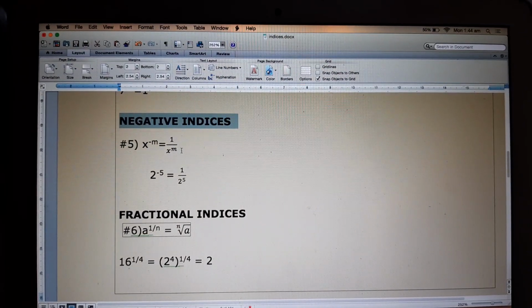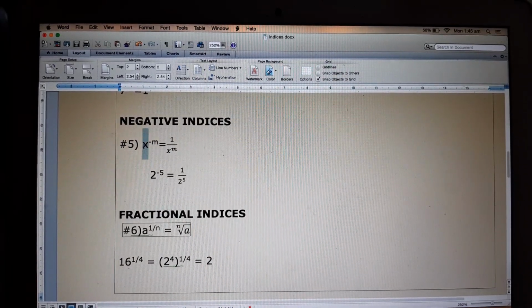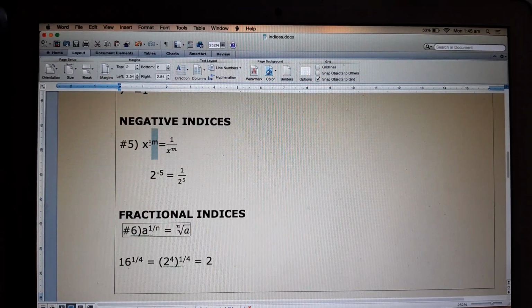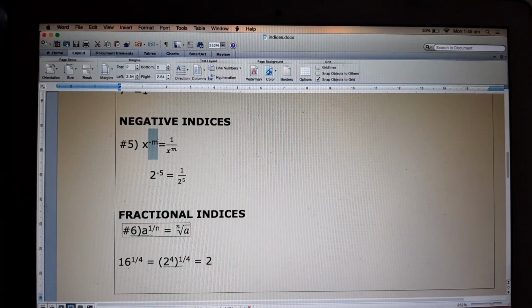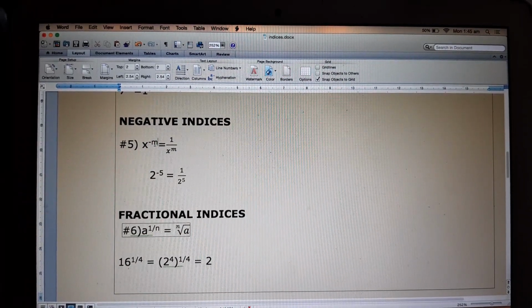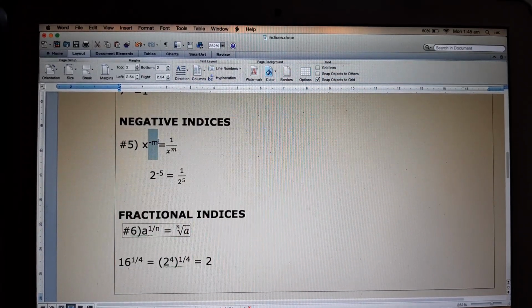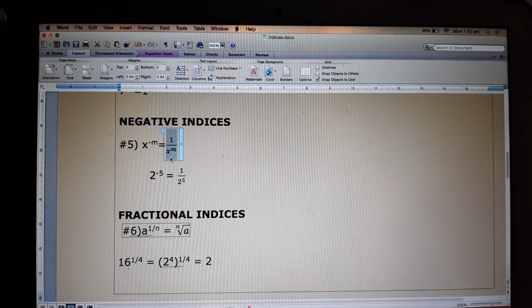Let's take this rule. If you have x base and the power is minus m, when you move this x raised to the power minus m to the denominator, you will change the sign of the power. It is minus right now, but it will become plus when it goes in the denominator.